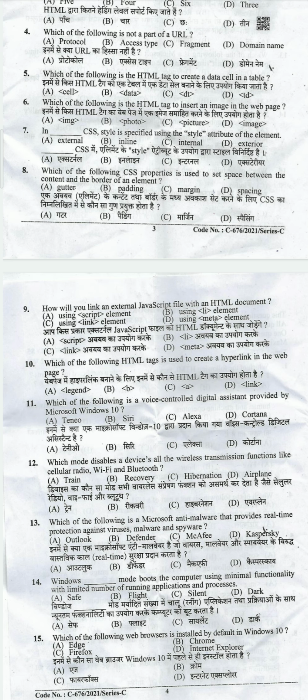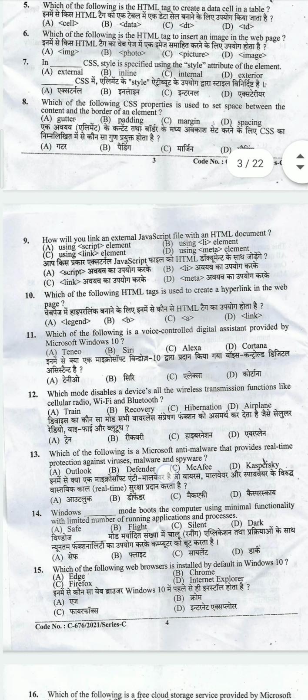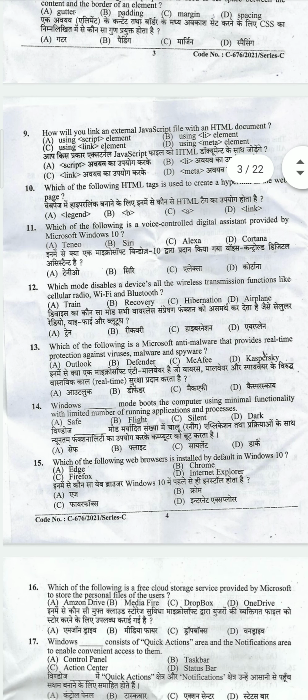Question 10. Which of the following HTML tags is used to create a hyperlink in the web page? The answer to this question is option C. Question 11. Which of the following is a voice-controlled digital assistant provided by Microsoft Windows 10? The answer to this question is option D, Cortana. Question 12.